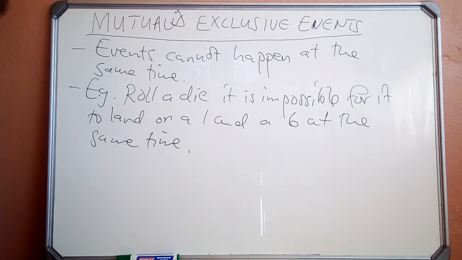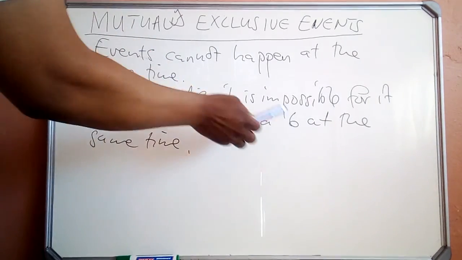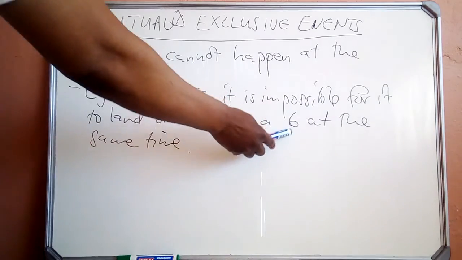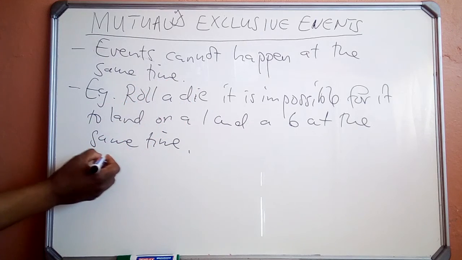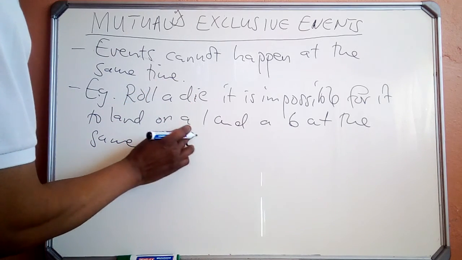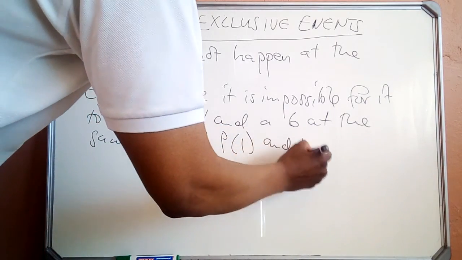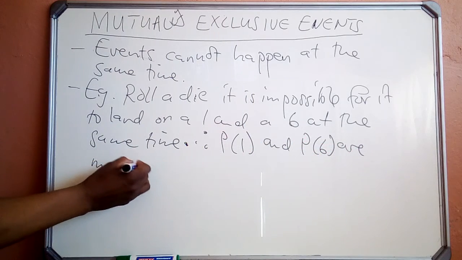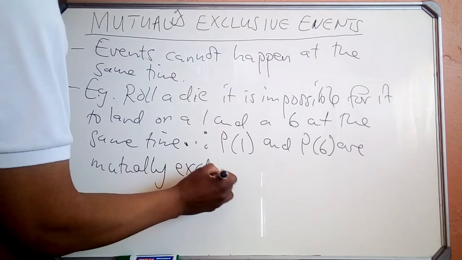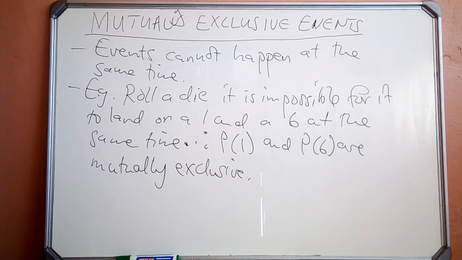So we can easily say that 1 and 6 on a die, when you roll it, are mutually exclusive events, meaning that we cannot have those events happening at the same time.